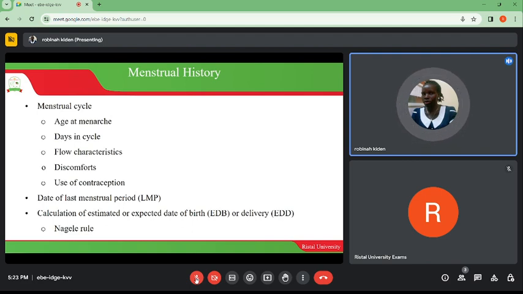Then date of last menstrual period. As I said before, we ask for the first day of her last normal menstrual period. This is used for calculating the expected date of birth of the baby. Then calculation of the estimated or expected date of birth or delivery can be abbreviated as EDB, standing for expected date of birth, or EDD, standing for expected date of delivery.